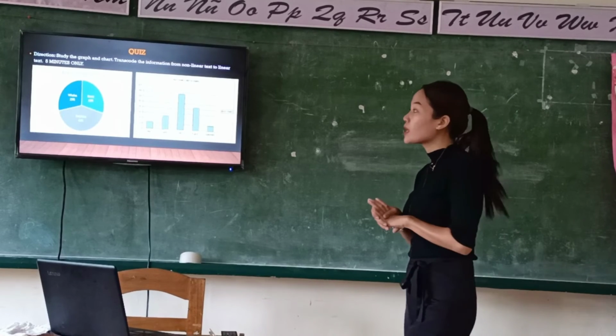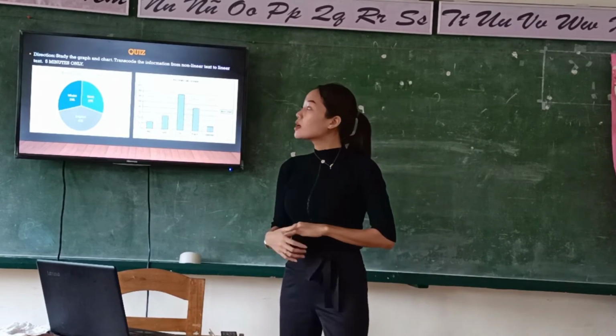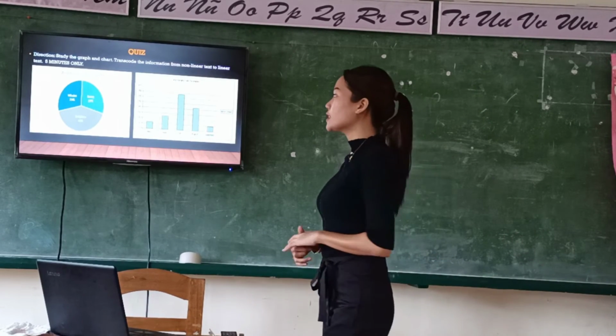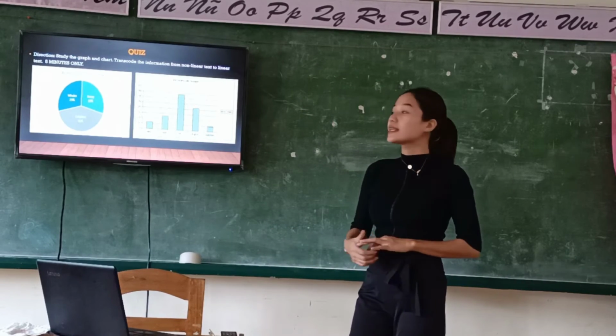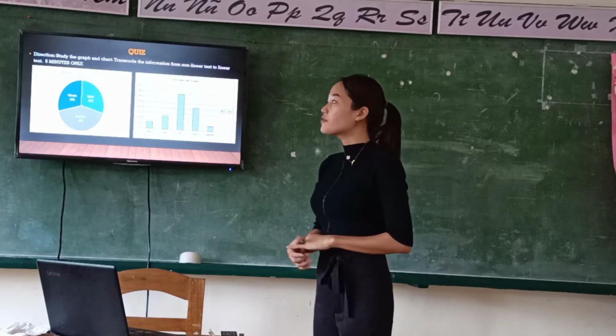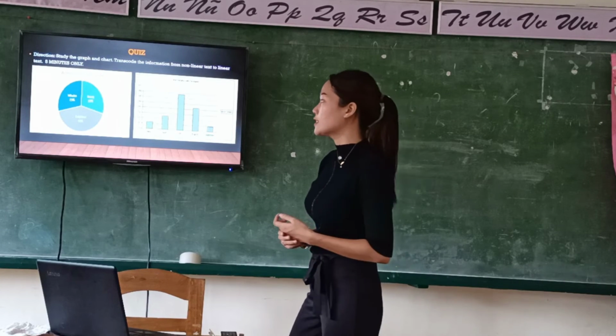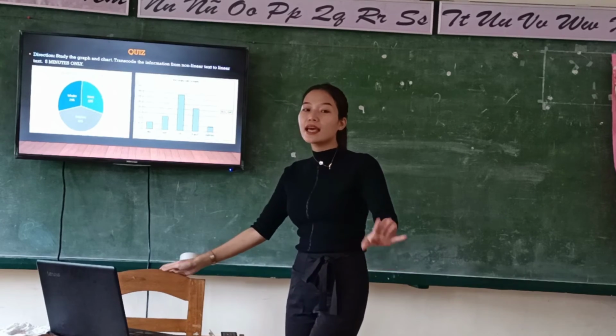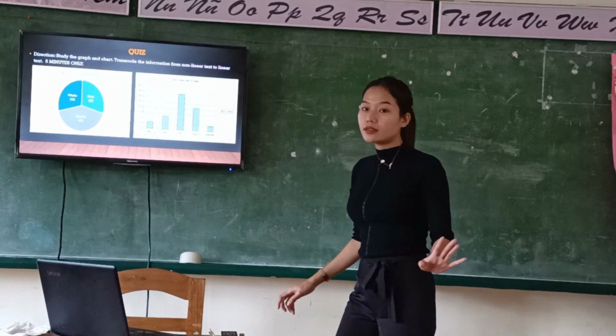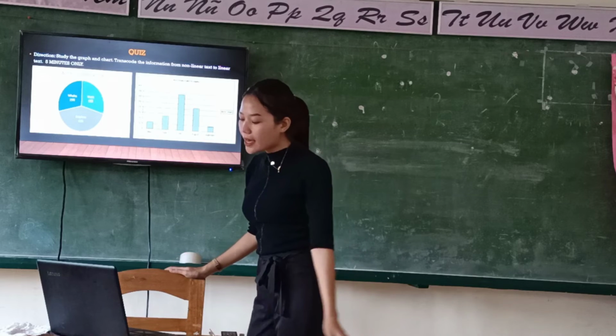We have here a quiz. You will get 1/4 sheet of paper and transcode the information from nonlinear text to linear text. So you have 5 minutes to do this. Take your time because we are about to end.